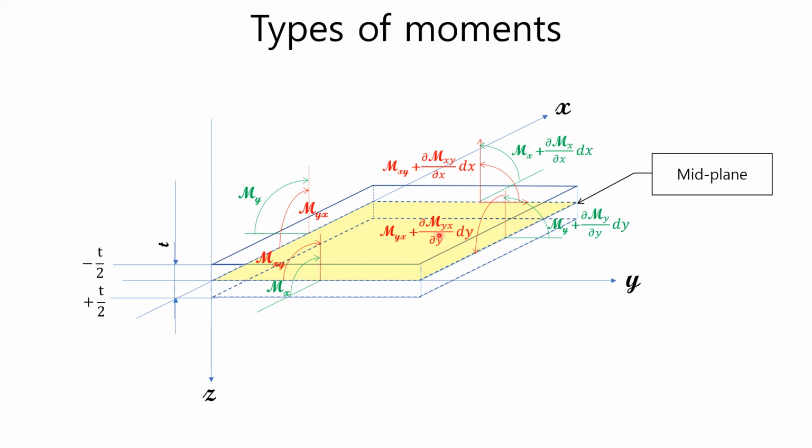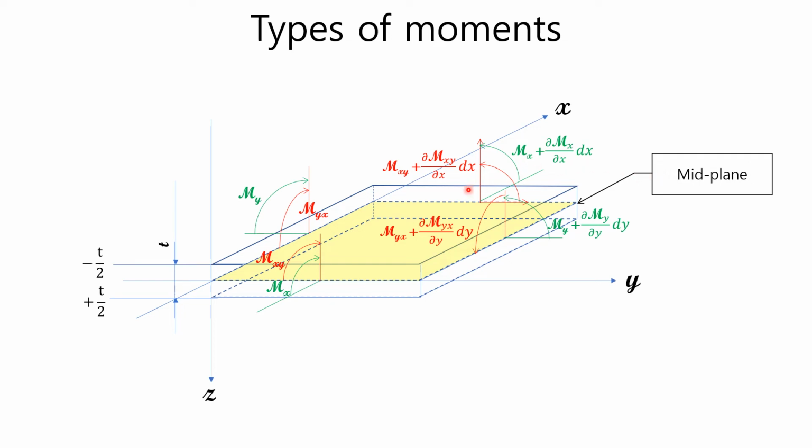A positive bending moment of the green lattice makes tension stress in the positive x-axis, which is lower than the midplane. And also, it makes compression stress in the negative x-axis, which is upper than the midplane.